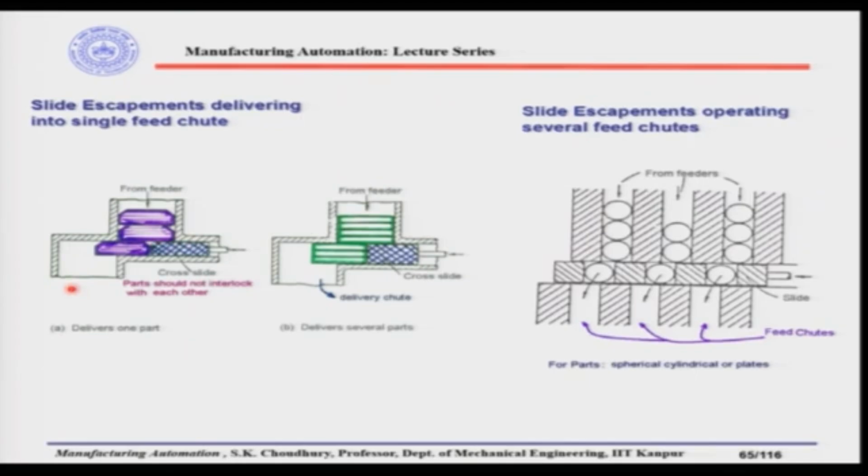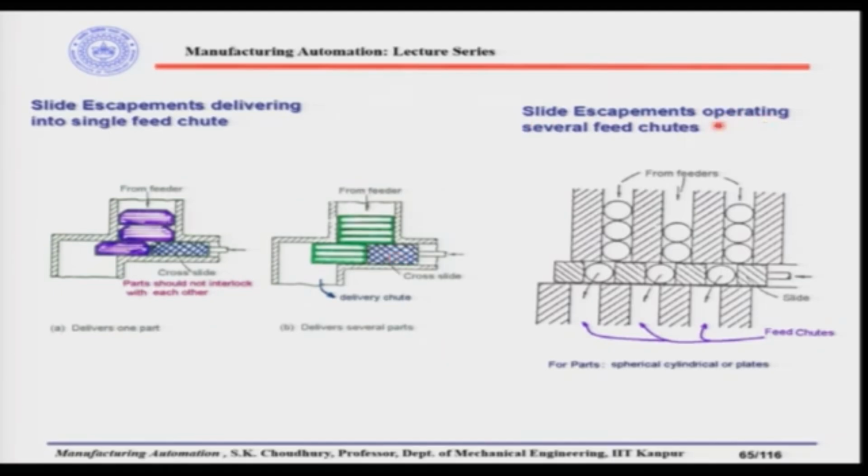For more than one part, depending on the thickness or the size of the part, it can be made in this way. For example, in this case 3 parts at a time will be fed to the delivery chute. So, the height or the width of the cross slide is made accordingly, so that either one part or more than one part can be fed.